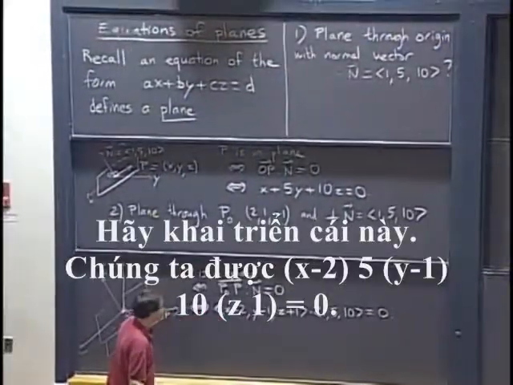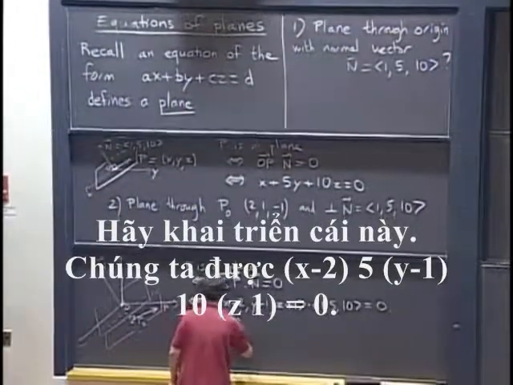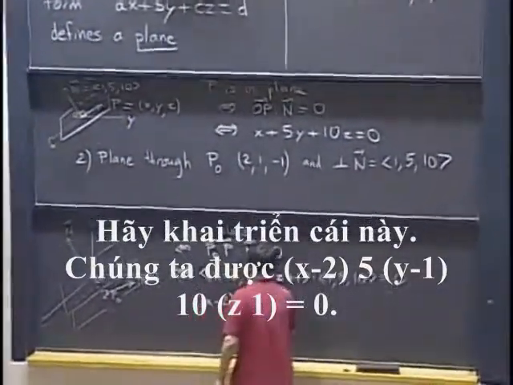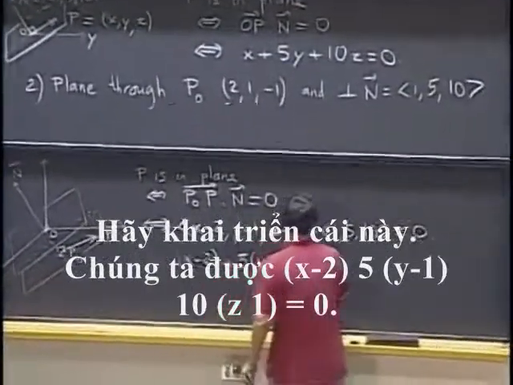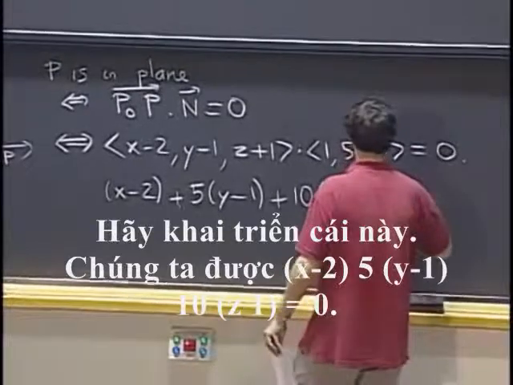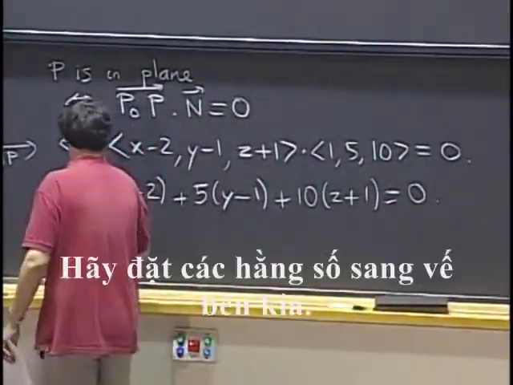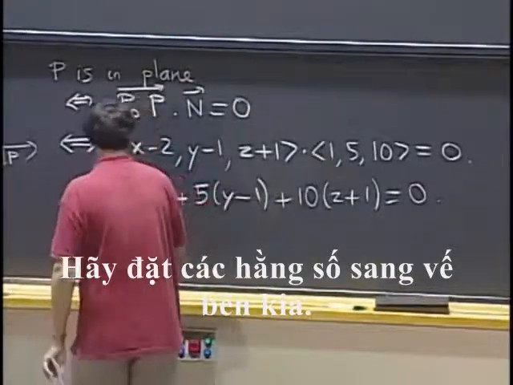Let's expand this. We get x minus 2 plus 5 times y minus 1 plus 10 times z plus 1 equals 0. Let's put the constants on the other side.